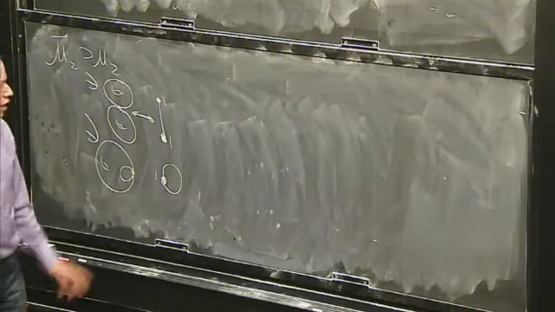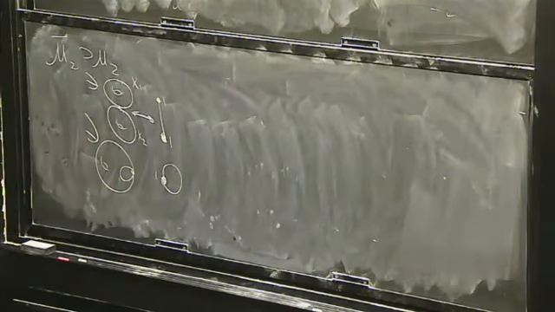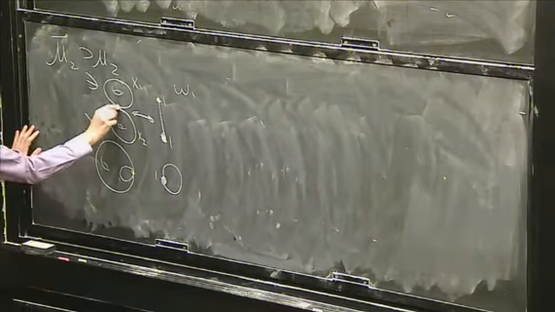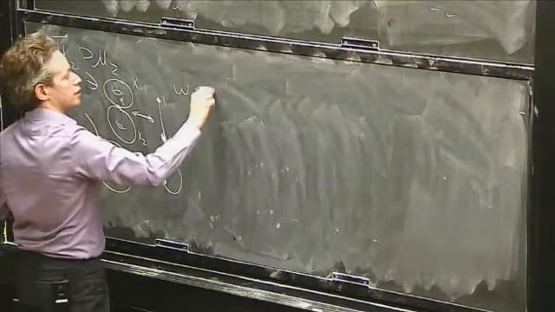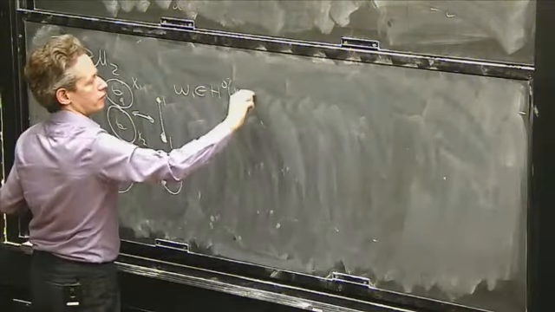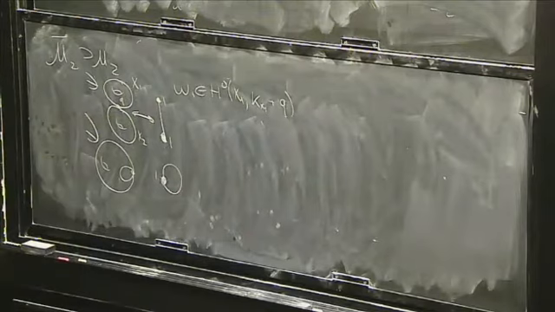Okay, now let's call these components x1 and x2, right? So I want to know what are holomorphic differentials here. So here I'm supposed to have omega 1. Let's call this point Q. Okay, so omega 1 is supposed to be a meromorphic differential on x1, which maybe has a pole at the point Q. But it can only have a simple pole at the point Q. The residue theorem tells us there is no pole there.